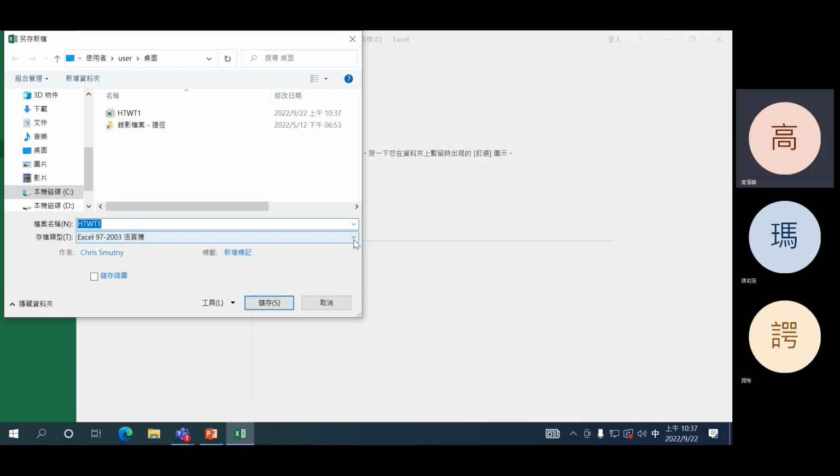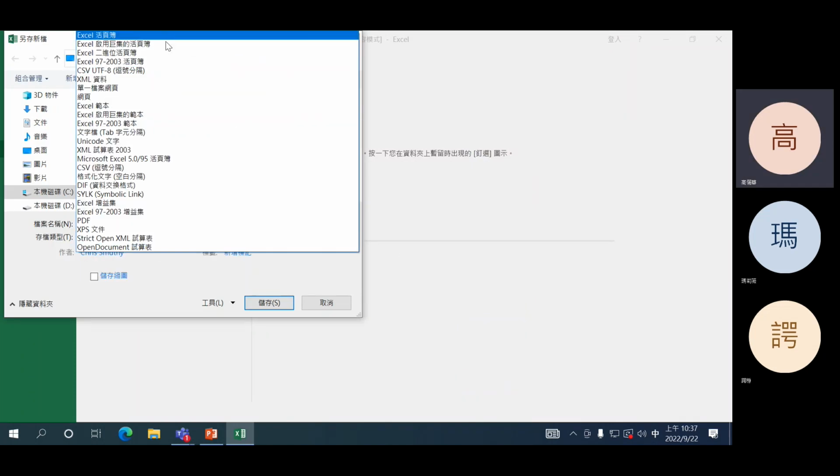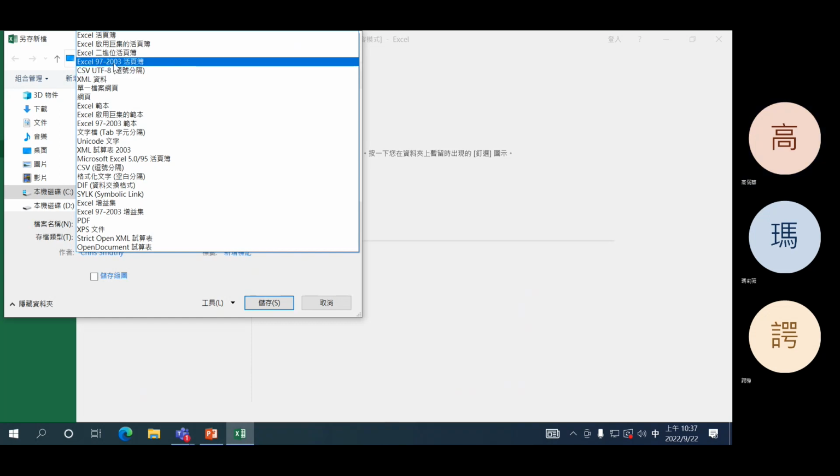Okay, choose the function which is this one, Excel, the top one. Now I have this version, which is an old version.